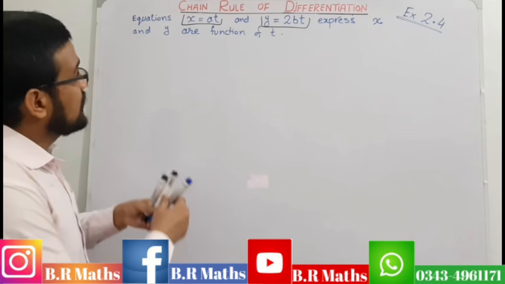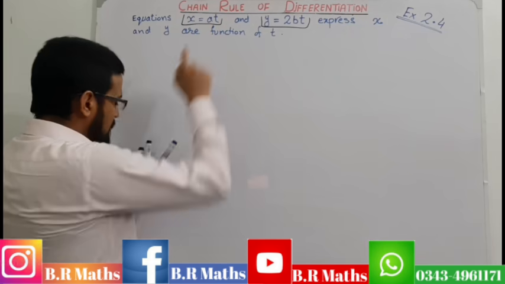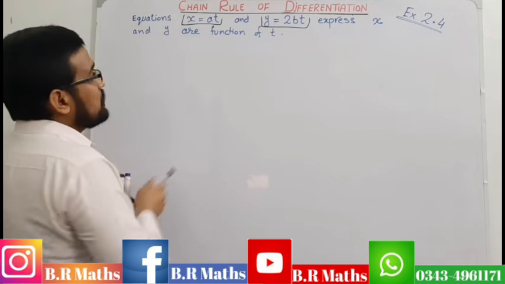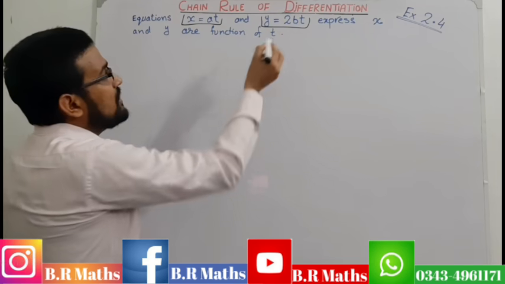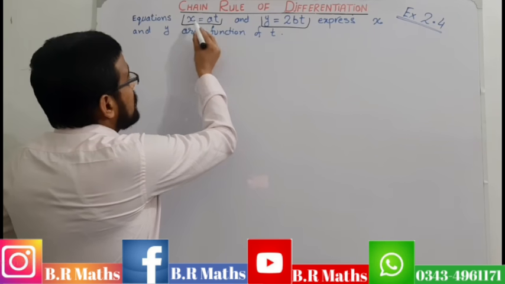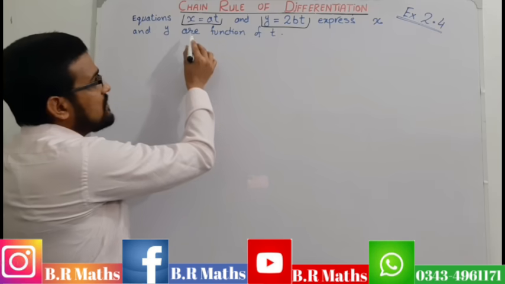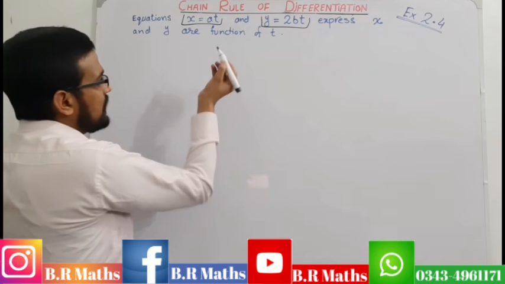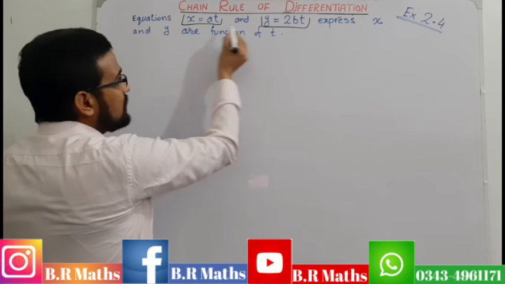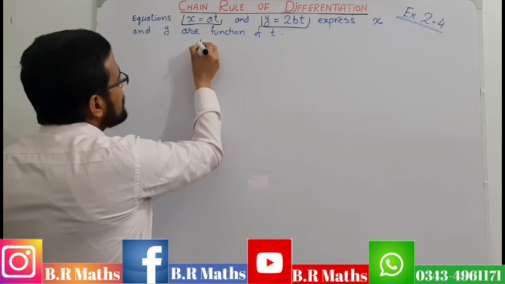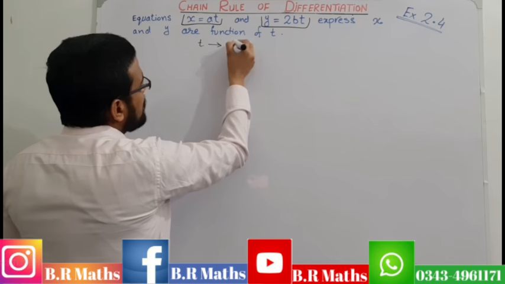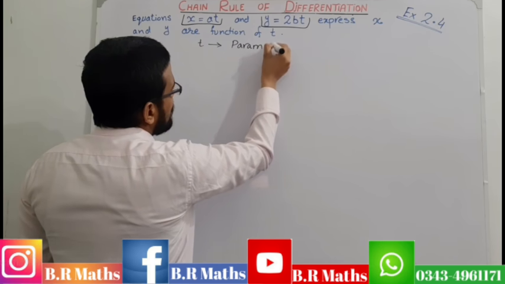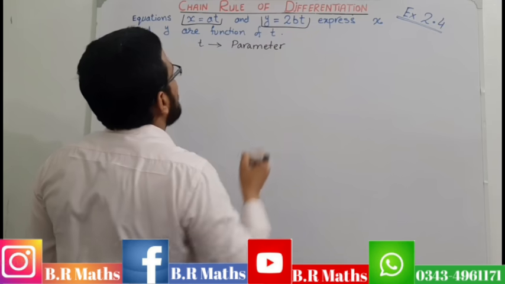It means x depends on t and y also depends on t. It means it has two dependent variables. x and y are dependent on t. So t is called a parameter.